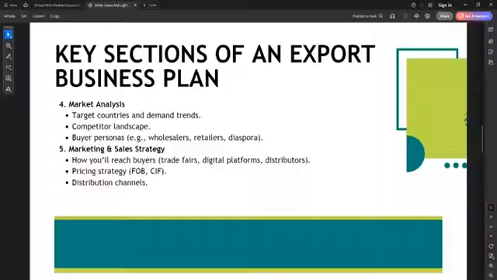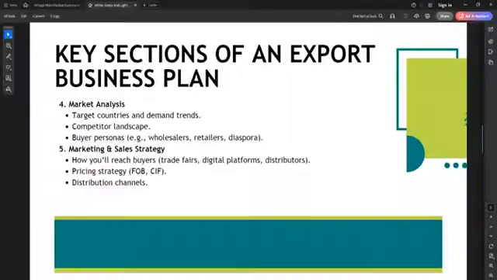Let me just give you an example. If you want to export wood charcoal, or let's say something like raw cashew nuts, there are some countries that buy more raw cashew nuts from Nigeria, like India, Vietnam, Bangladesh, and countries around that route.